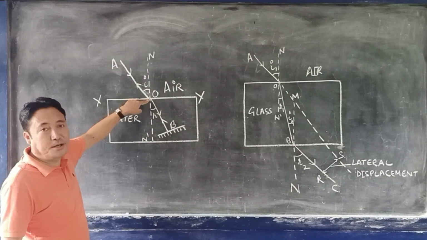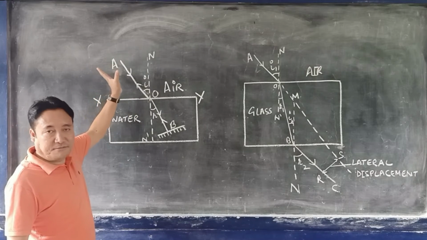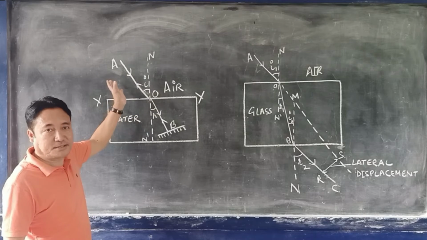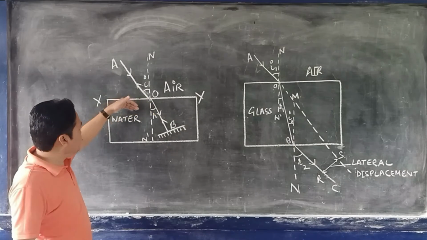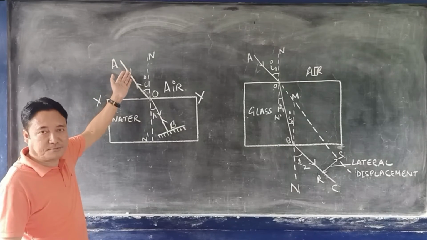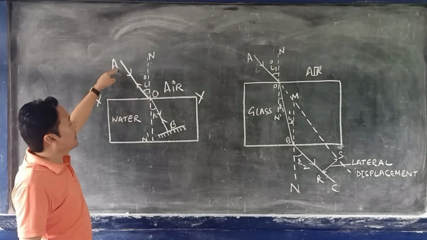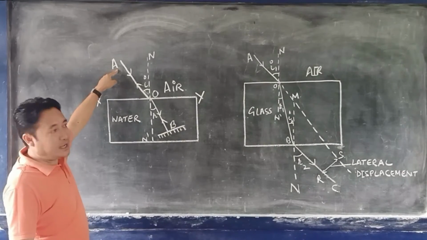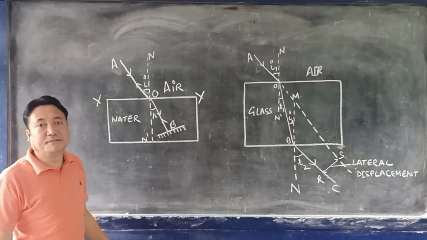From the point O, the ray of light has to get refracted, because the ray of light is passing from the denser medium, that is from water to air. So refraction takes place here, and OA will be the refracted ray.